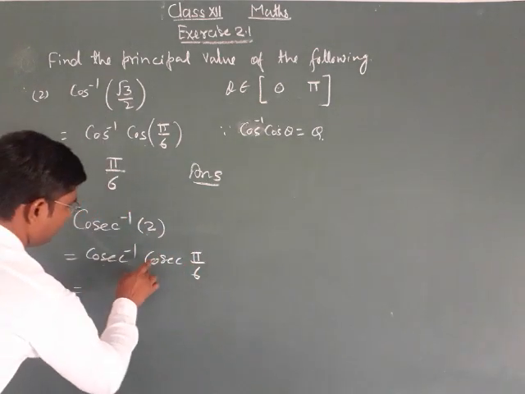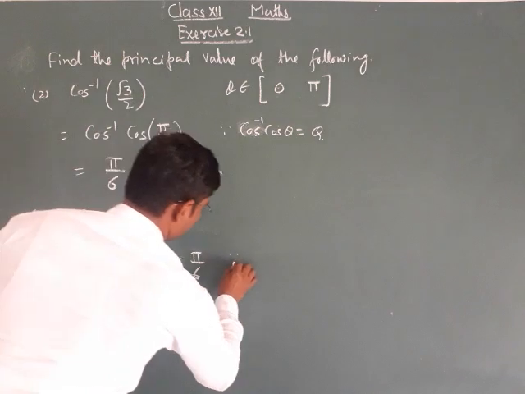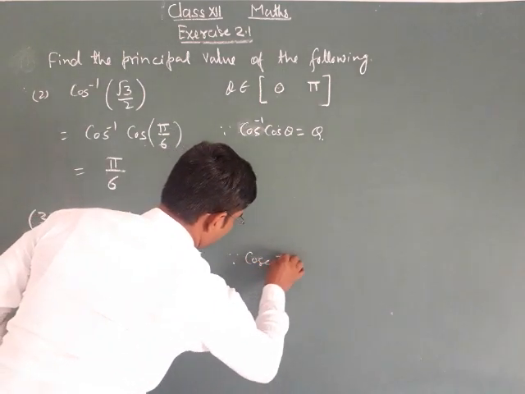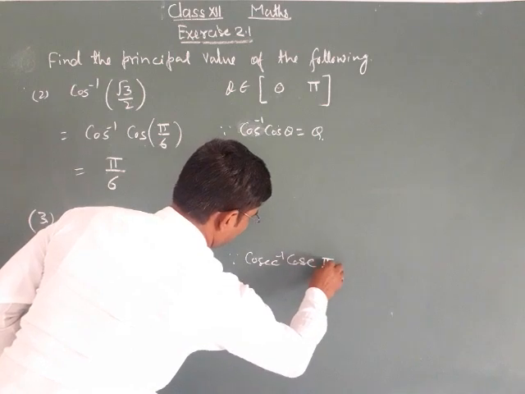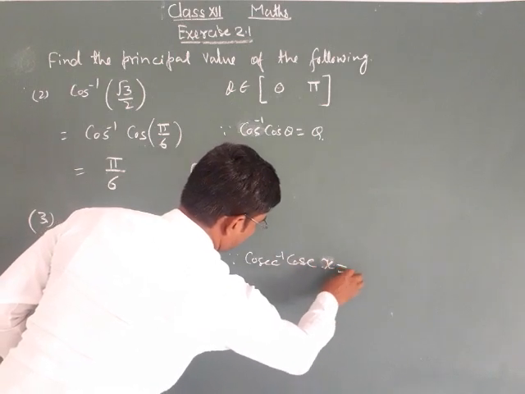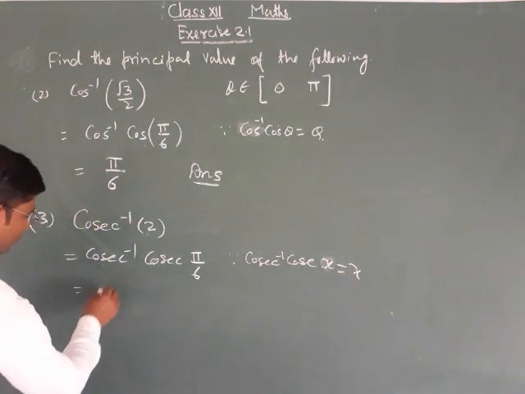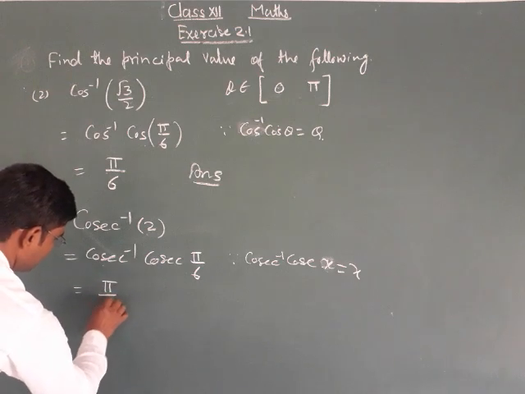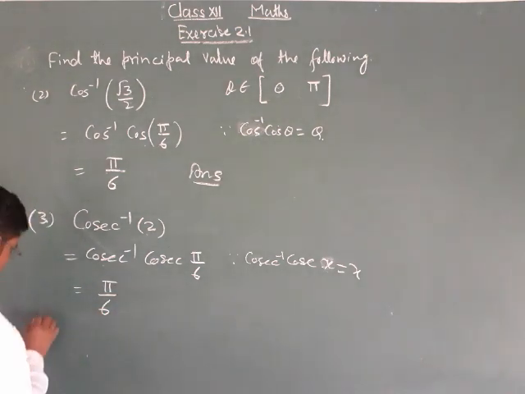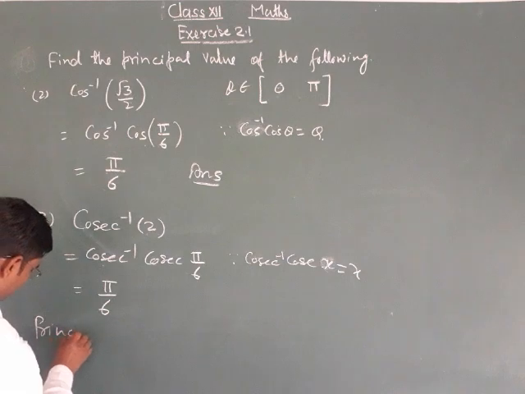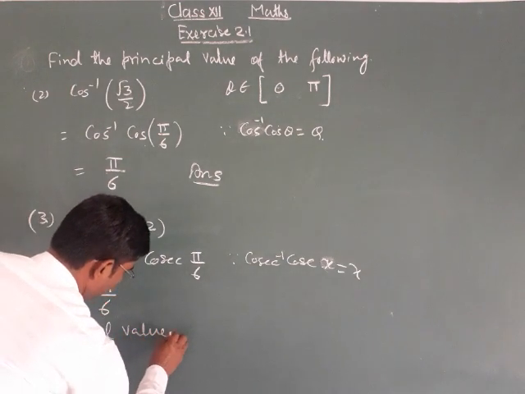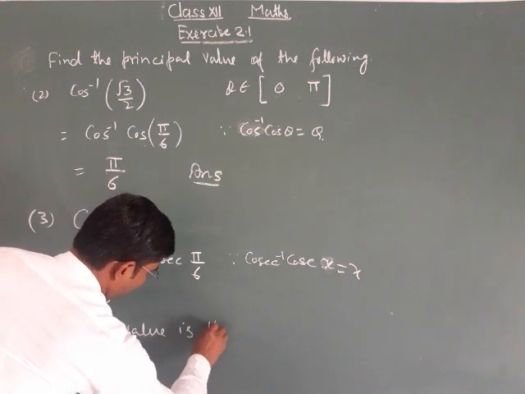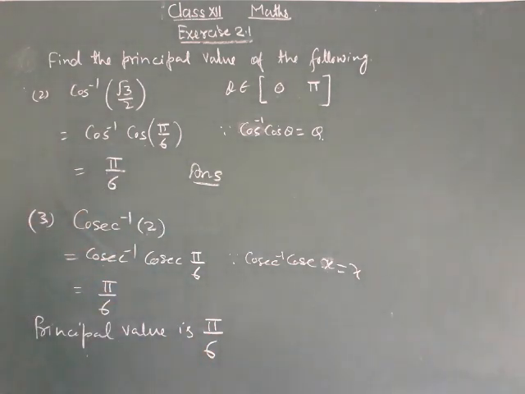So cosec pi by 6, since cosec inverse cosec x is equal to x, gives pi by 6. The principal value is pi by 6.